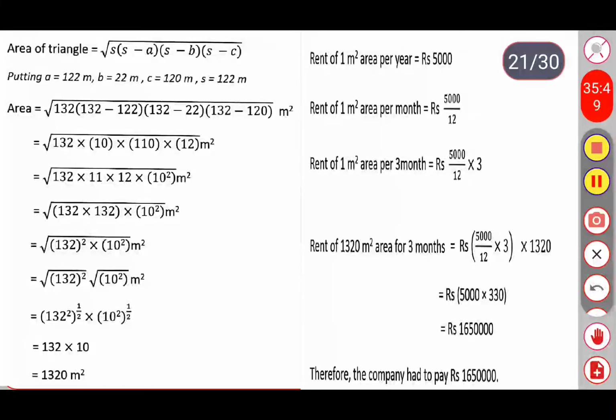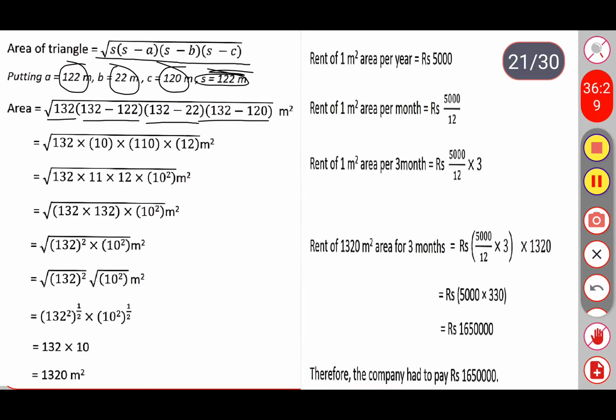Okay, see here. The semi perimeter is 132. We already calculated that one. With the help of that, we need to find the area of the triangle. So the formula is root of s into s minus a into s minus b into s minus c. It is under the square root. Therefore s is 132. Substitute that one: 132, again 132 minus 122, where 122 is the first side of the triangle; 132 minus 22, where 22 is the second side; 132 minus 120, where 120 is the third side.